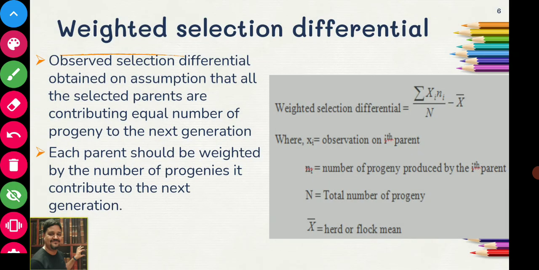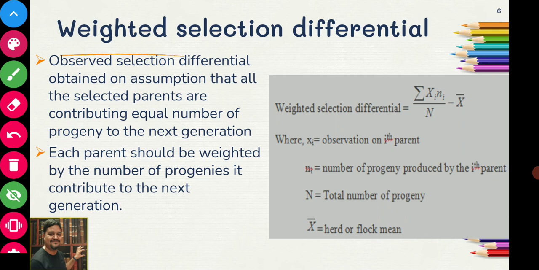Now another related term is weighted selection differential. The concept of selection differential that we have already seen will only work when each and every individual that you have selected is producing an equal number of progeny.